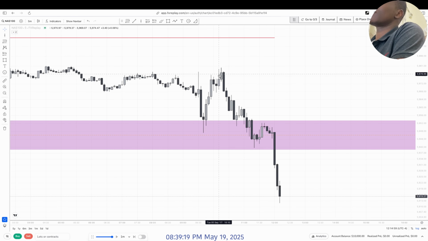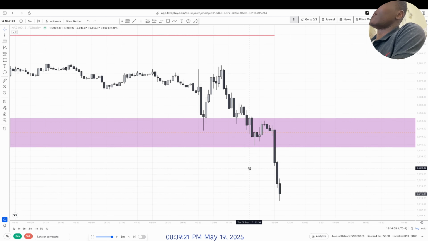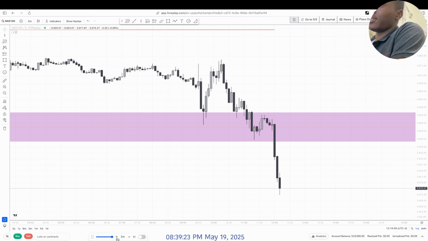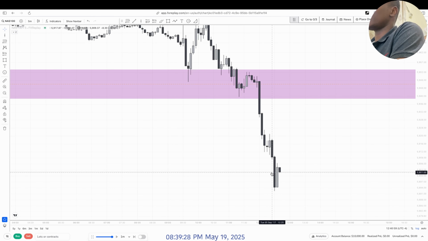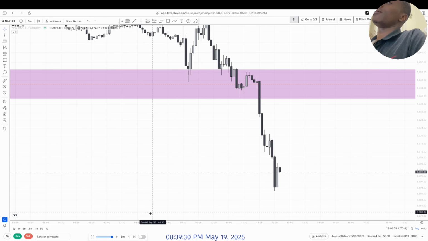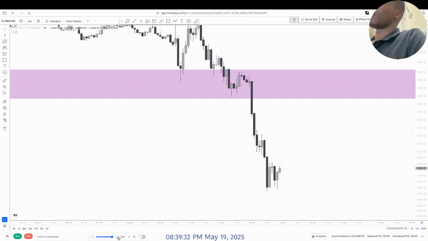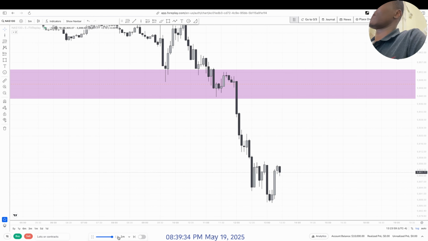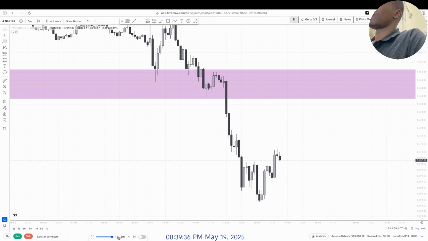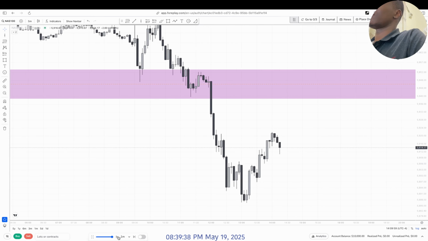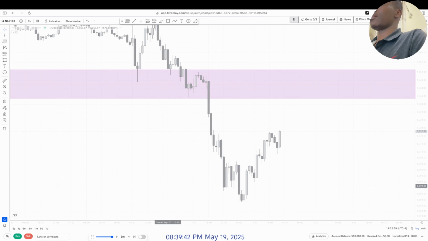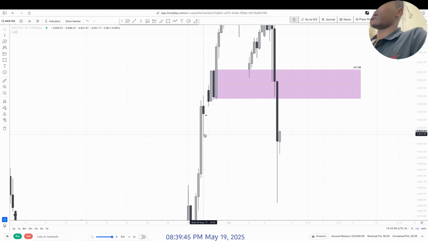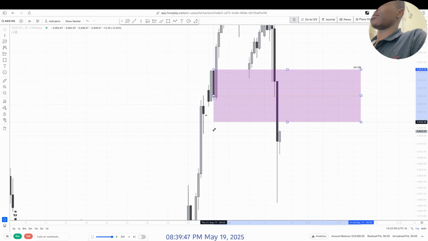Good take out on this high, then we shifted. We got no fair value gap to enter from, but we might get an entry maybe the following day or the day after that, we never know. We are now in this fair value gap.